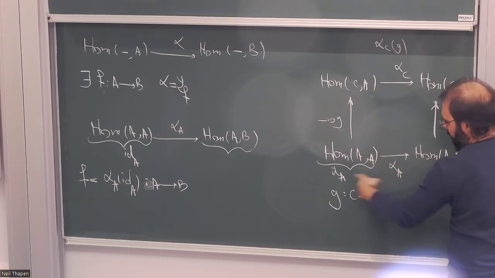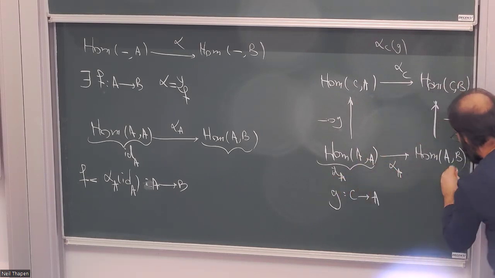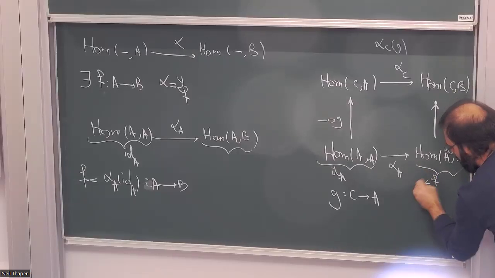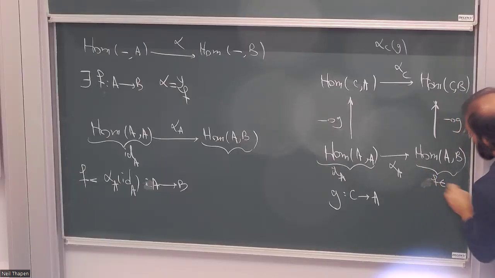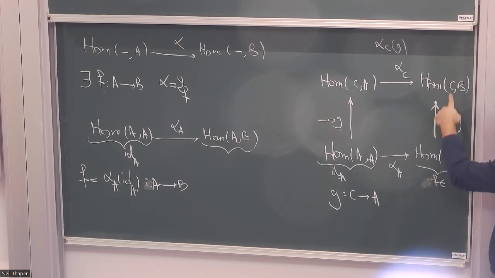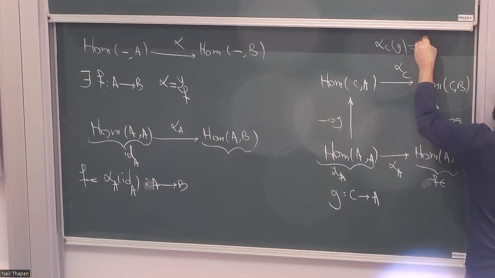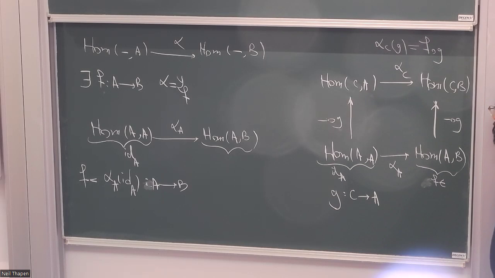So it is alpha A on identity A. This is my F. Compose F to G. So I'm saying that alpha is always composition with F and G.